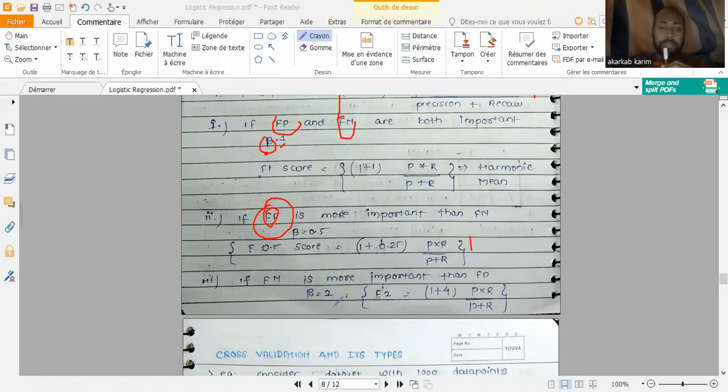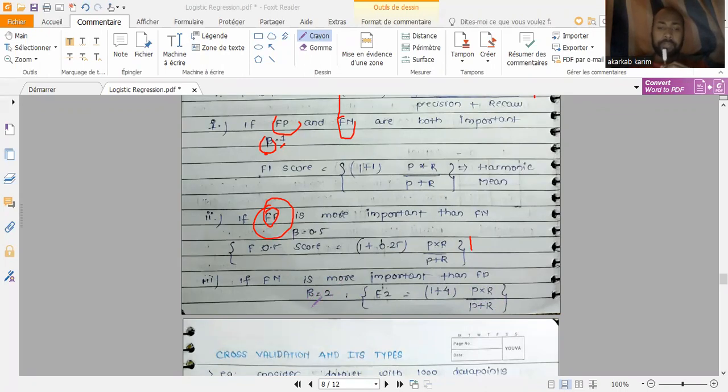The F2 score is 1 plus 2 squared, where 2 squared is 4, and 1 plus 4 is 5, so 5 times precision times recall, divided by precision plus recall.